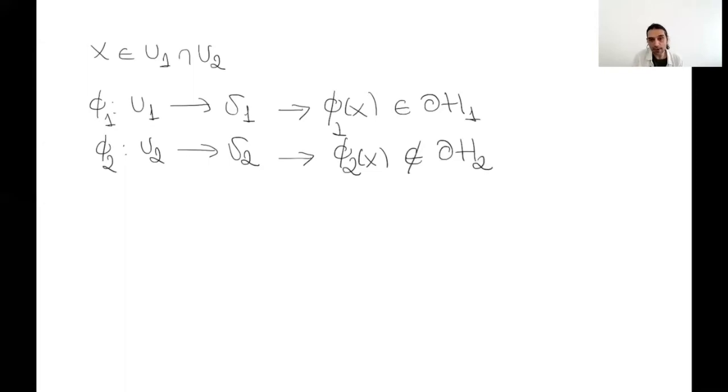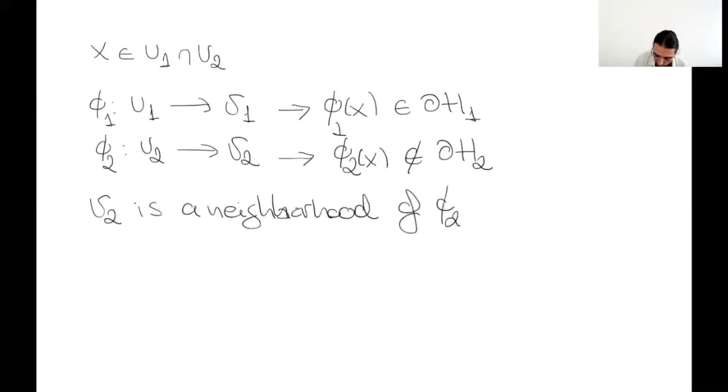What happens here is that in the second case, B2 is actually a neighborhood of the point phi2 of X. When we have a half space, and we have interior points, the half space is a neighborhood of the interior points.